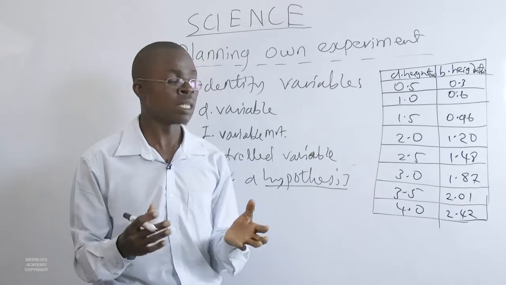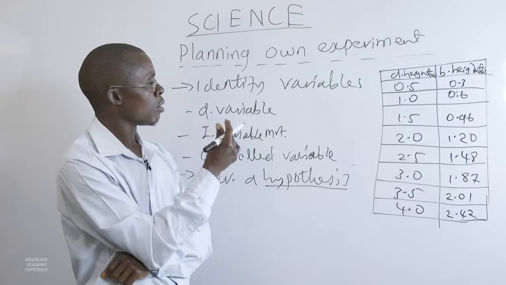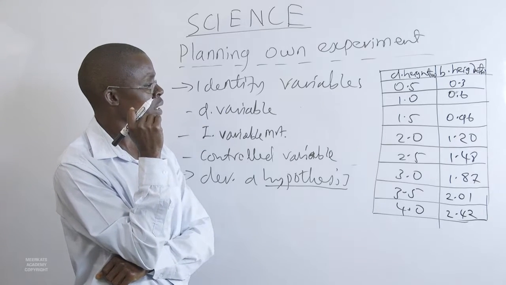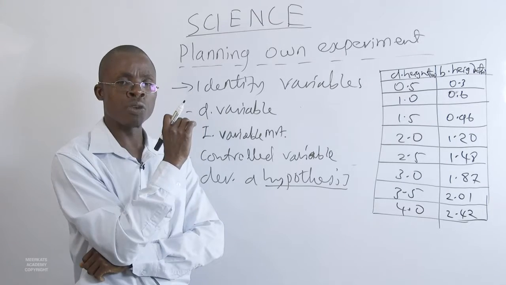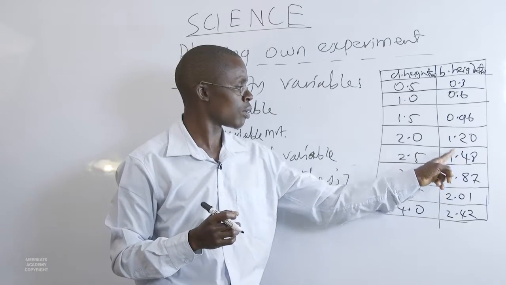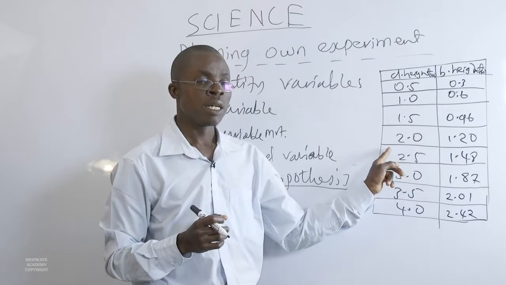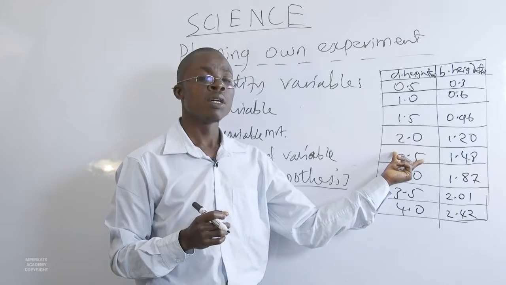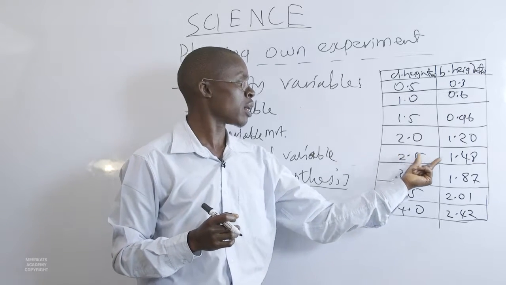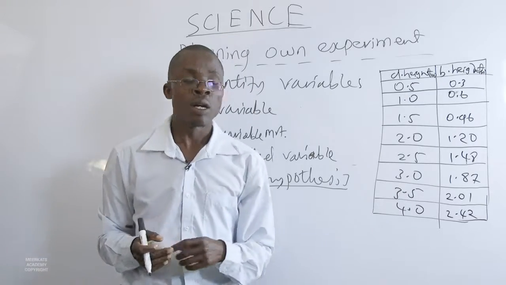In analyzing, you look at the dropping height and the bouncing height, and relate those two figures directly. You don't relate this one to that one. You relate those that are direct, the one that resulted from the dropping, so that you can make a conclusion out of it.